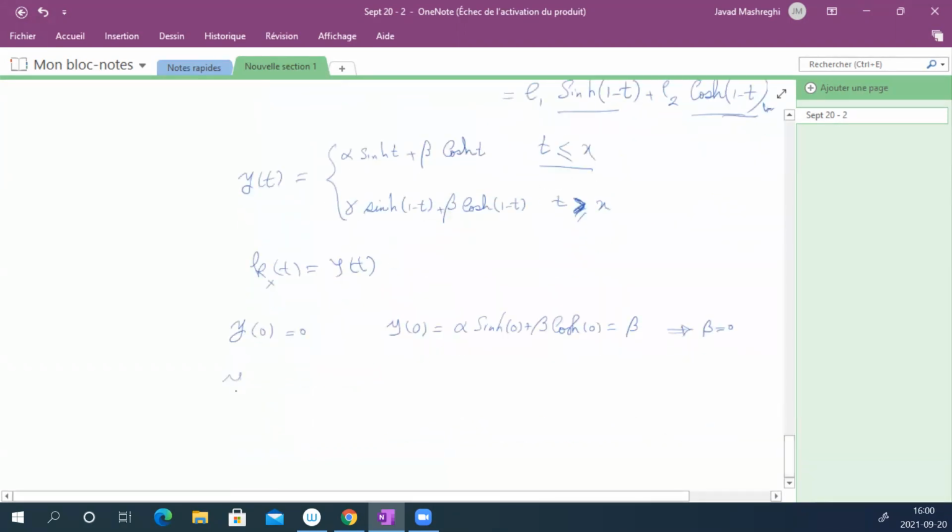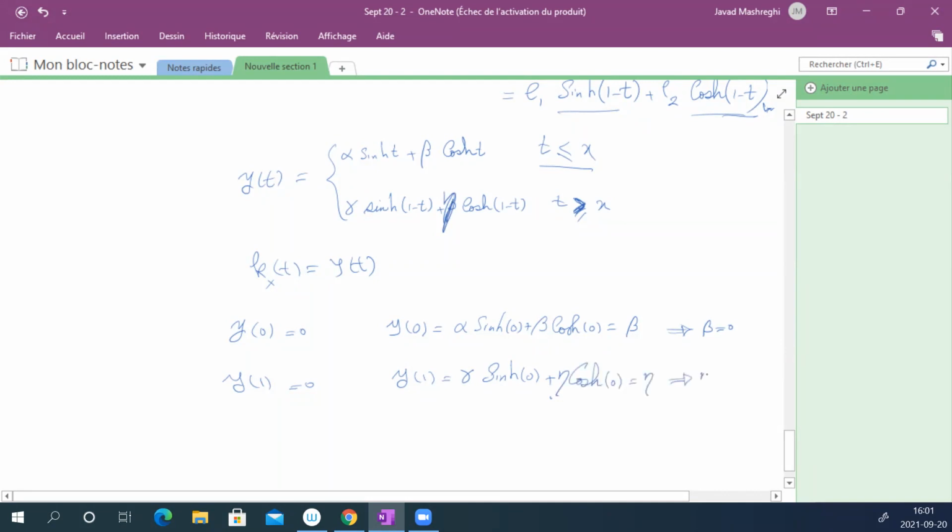And y at point 1 also I want to be 0. Y at point 1 is gamma sine hyperbolic at point 0 plus eta cosine hyperbolic 0, which is eta.